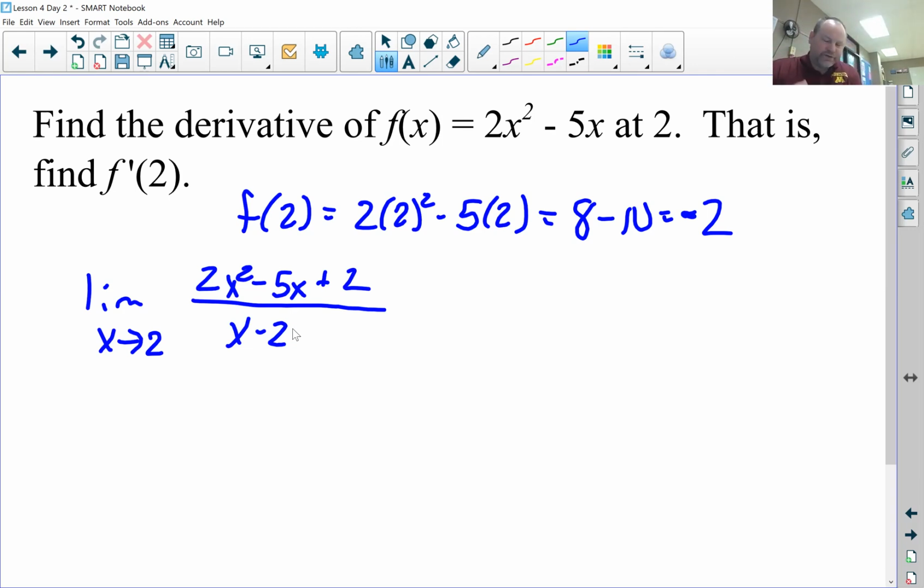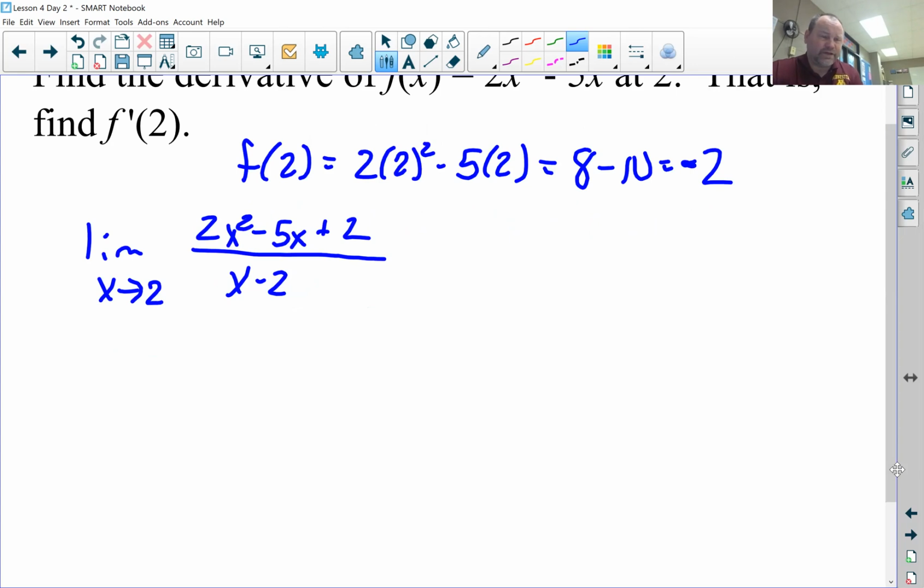What we would really like to do is factor the numerator, because as we saw yesterday, if I plugged in 2 for x, I would get 0 over 0, and that doesn't help us a whole lot. We want to eliminate that 0. So in factoring, more importantly, we want one of our factors to be x minus 2, and it should be.